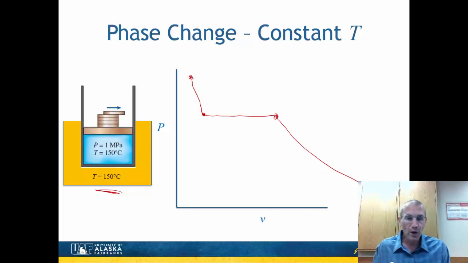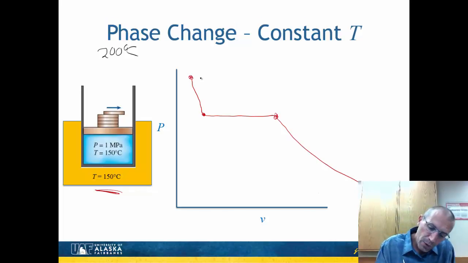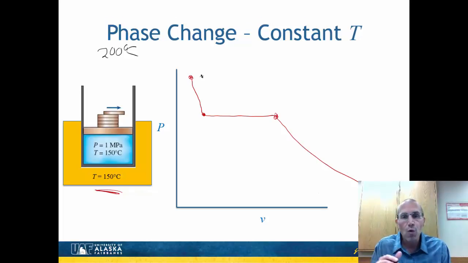Okay. Now, we could do a similar thing at a different temperature. So let me change my pens again to black. And now let's do a different temperature, say, 200 degrees Celsius. Now, if I was at 200 degrees Celsius and the same pressure, my point would be just a little bit to the right. So, same pressure, but a higher temperature. There's more kinetic energy in the molecules, which allows them to have a slightly larger volume.